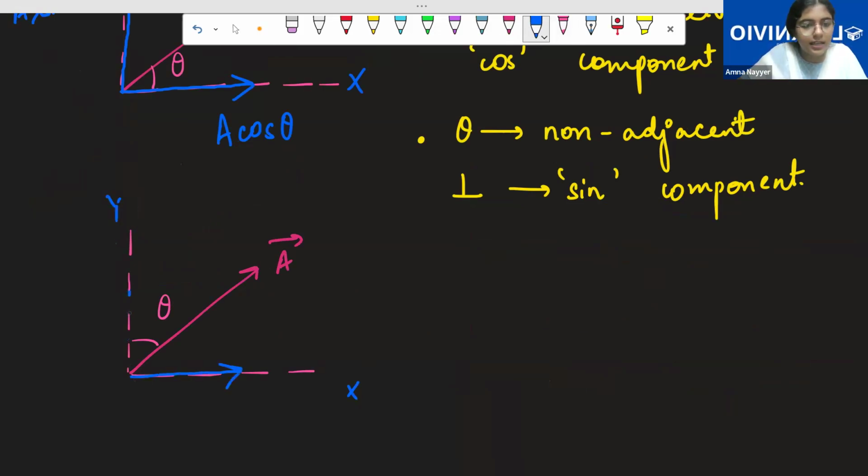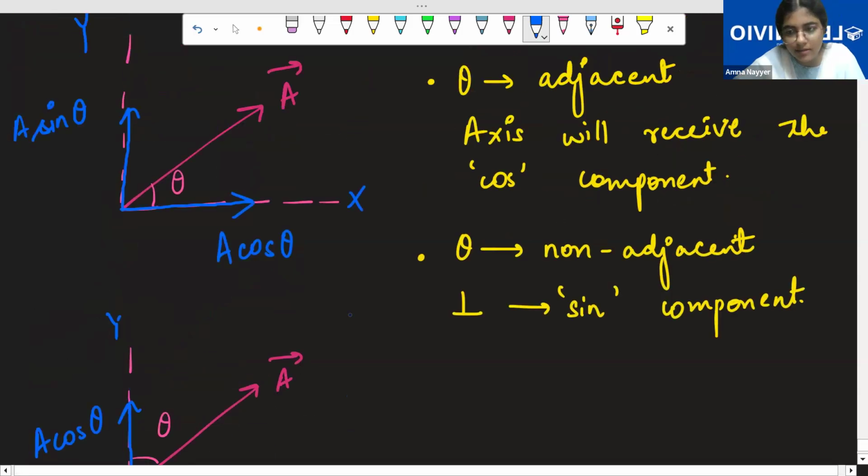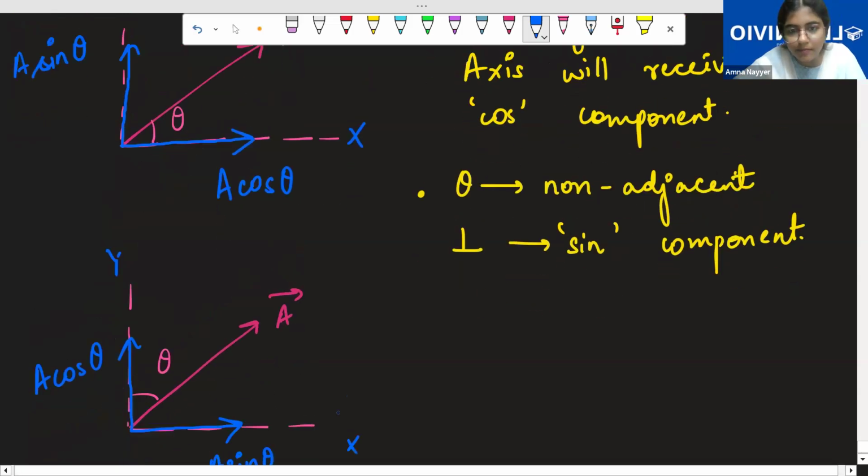Now, see, theta is adjacent to y. So don't remember that cos theta is always along x. Don't remember like that. Remember adjacent is this. This will receive cos theta, A cos theta. This will become A sine theta. This is how you have to resolve the vectors. Am I clear to everybody?